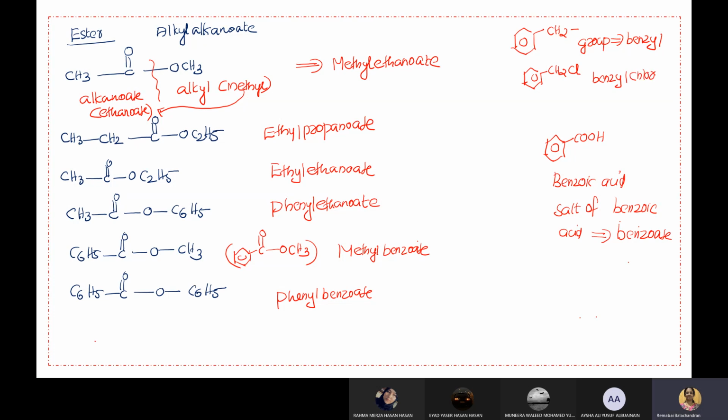The other one is phenyl, whereas the benzene ring with Cl is phenyl chloride. These are the common names, okay? If it's CH2 attached to the benzene ring, it's benzyl. But if it's just the ring, then it's phenyl. Yes. Okay. Now that's it.